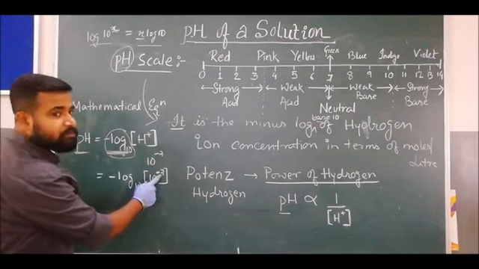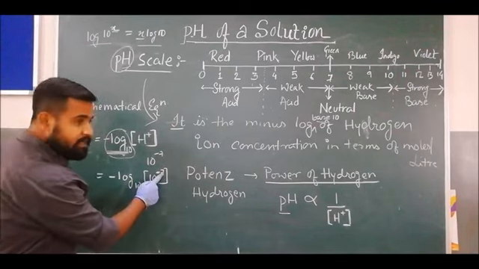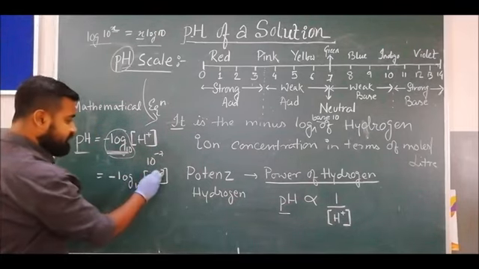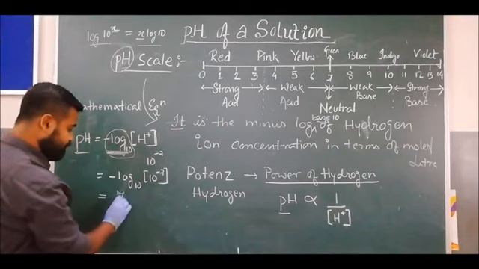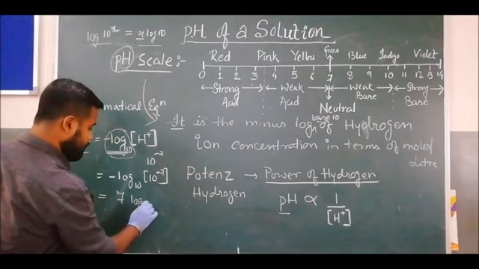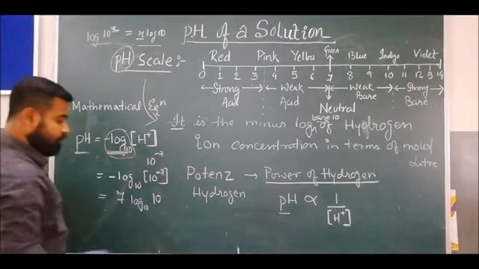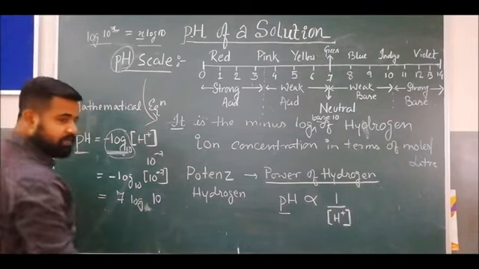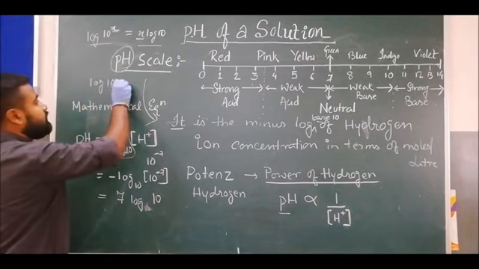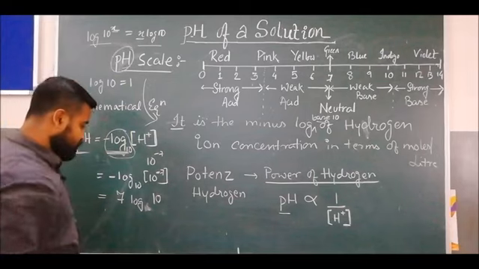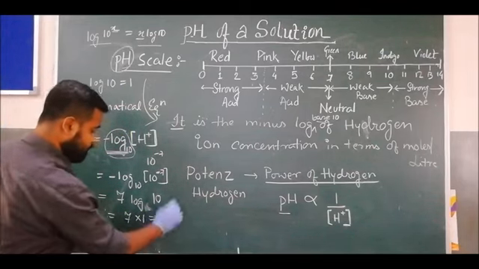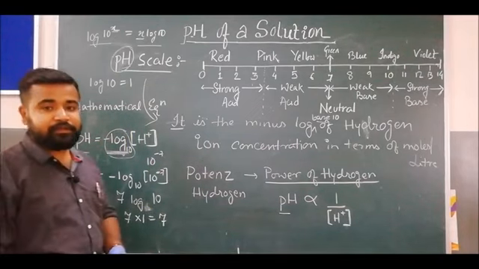Here the power is minus 7, so minus and minus 7 becomes plus 7. What remains is log base 10 of 10. Remember, log 10 is equal to 1. So we can write 7 into 1, that is 7.